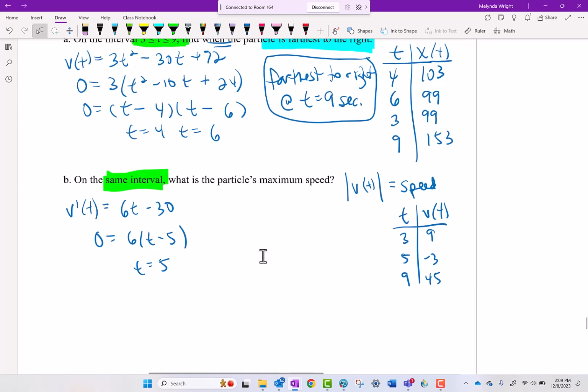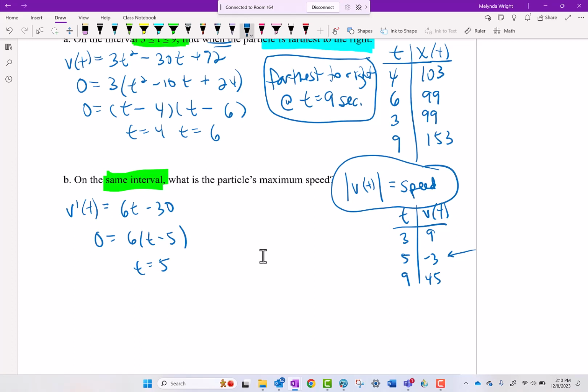Now, I want to talk about this negative one. This is in velocity. Speed is the absolute value of velocity. So if this was like negative 300, this would have been the maximum speed, right? Because it's absolute value of negative 300, which is 300. Now, it's not. I'm just saying we don't need to discount it because it's negative because, again, speed is the absolute value of velocity.